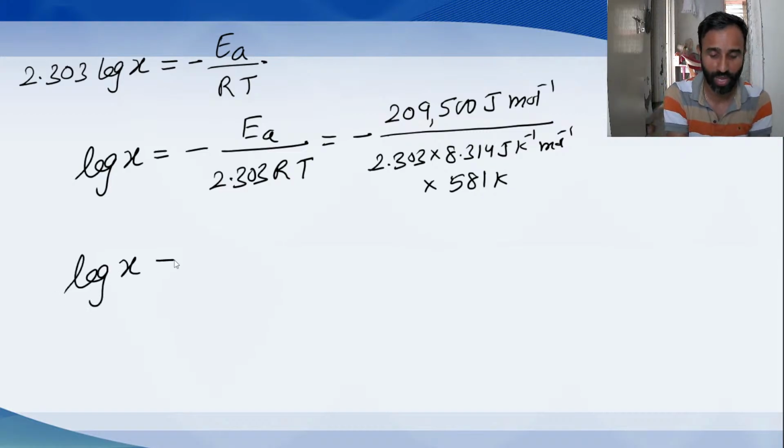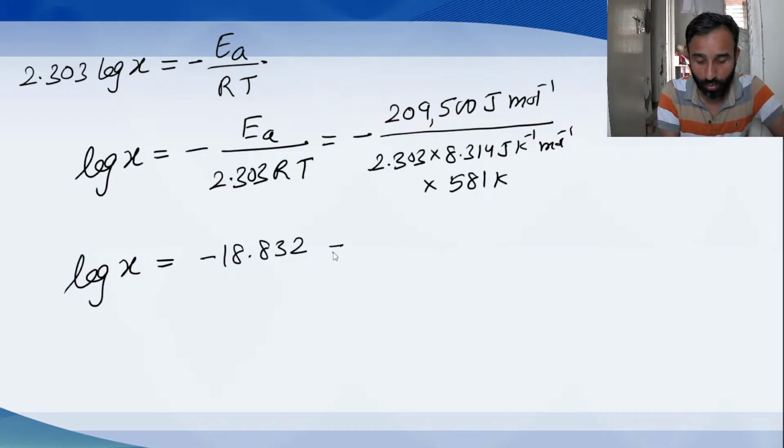So log of X is equal to 209500 divided by 2.303, divided by 8.314, divided by 581. It becomes minus 18.832.